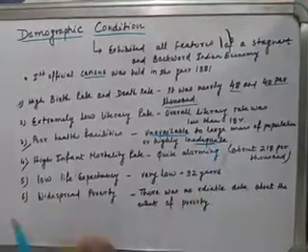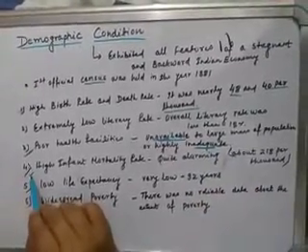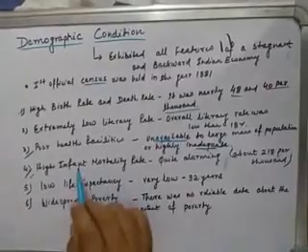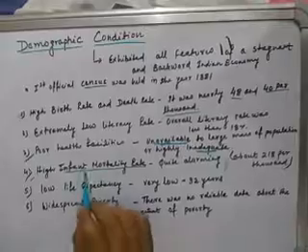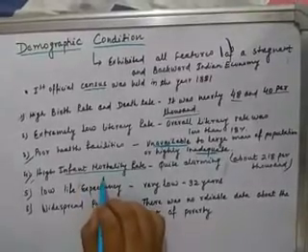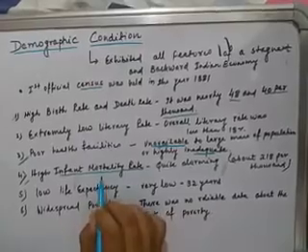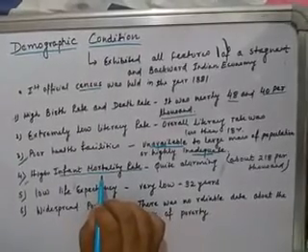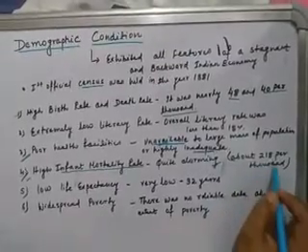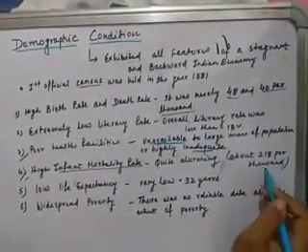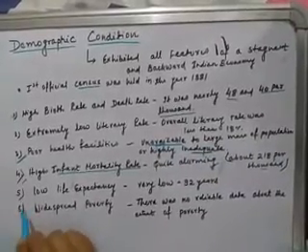The next point is high infant mortality rate. What is infant mortality rate? Infant mortality rate refers to the number of infants dying before reaching 1 year of age per thousand live births in a year, which was quite alarming, around 218 per thousand. Next point is low life expectancy.